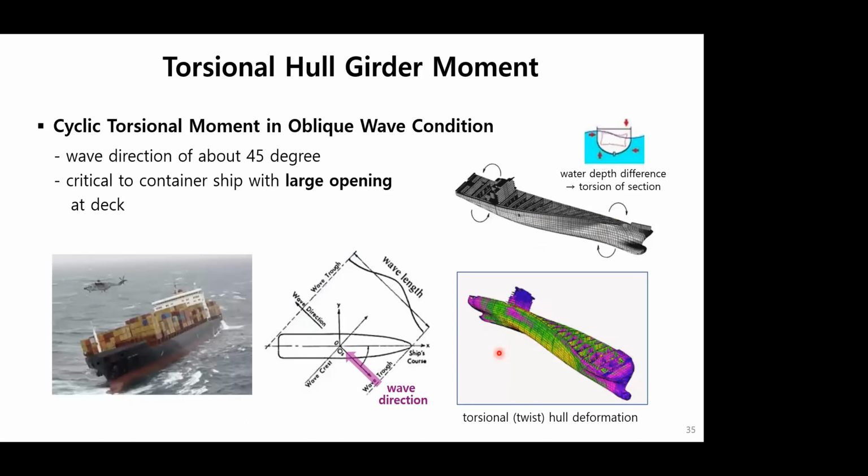Another important hull girder loading is torsional moment. Torsional moment and its subsequent torsional deformation usually happen in oblique wave conditions. In other words, in case a ship encounters a wave at 45 degrees against the heading of the ship.